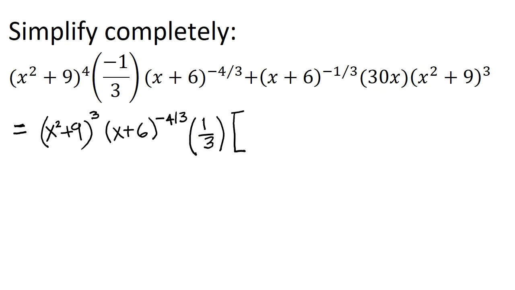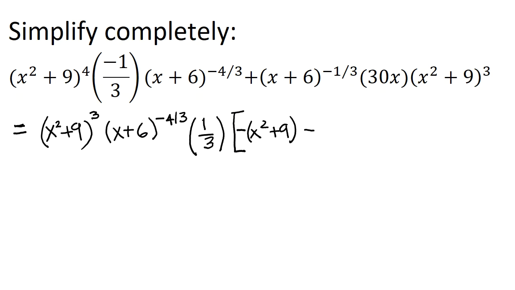Okay, now inside my square brackets, what do I multiply this by in order to get my first term back? Well, I have to have x squared plus 9 to the power 4. I've got to have a negative, so that's got to be -1, and then I have x squared plus 9. If I multiply all of this by this, I'll get my first term back.